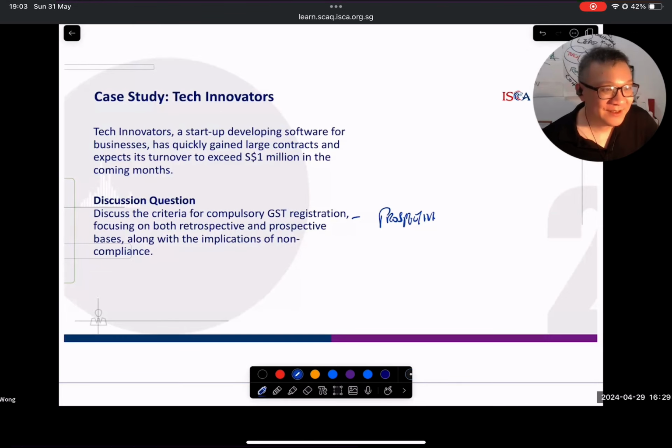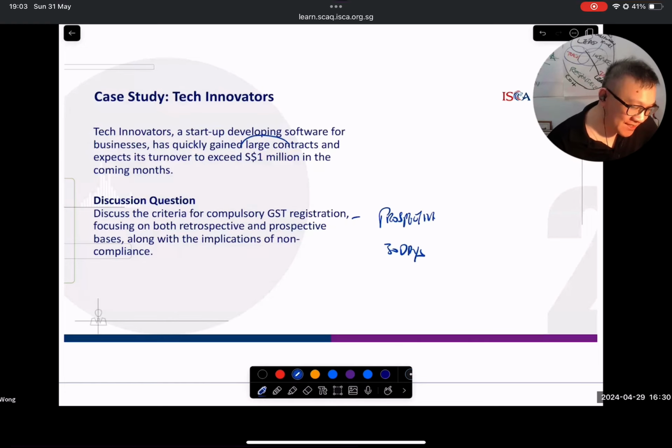Now, the next thing is once you decide it is prospective, then when is the deadline for filing the GST registration? Okay, it's 30 days, right? 30 days from the date of forecast. Now the question is that there's a large contract or large contracts. So how do I know that this is real?